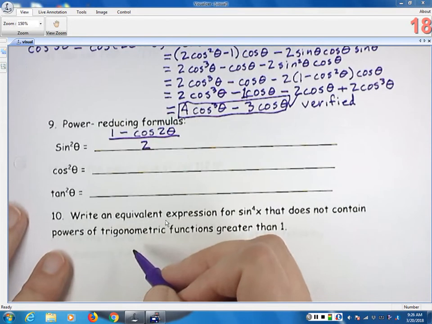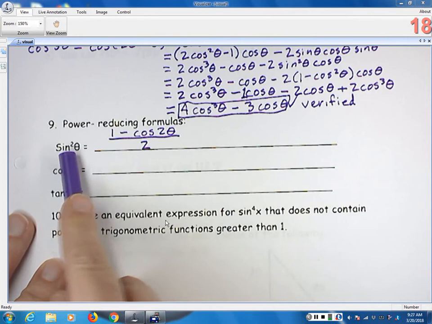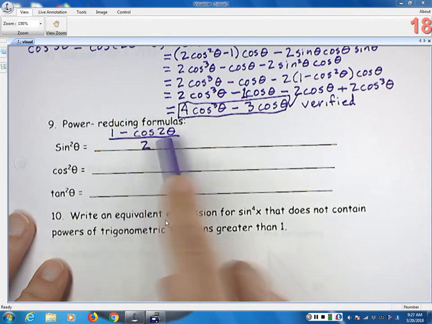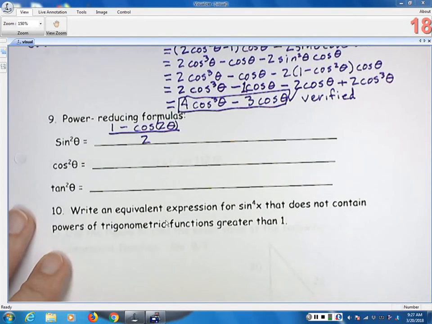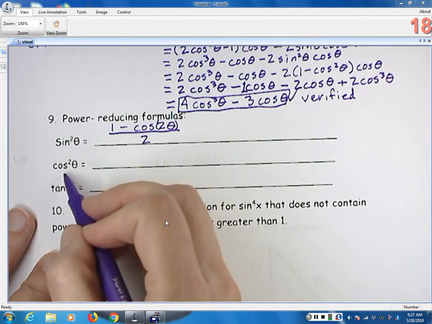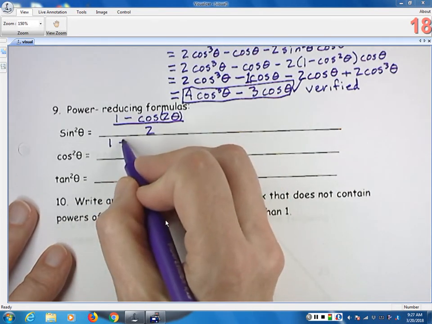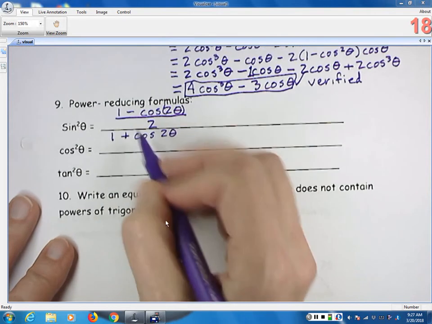If you want to get rid of some powers, this is 2, not a squared, it's 2 times theta. That's inside the cosine. Cosine squared theta is 1 plus cosine 2 theta divided by 2.